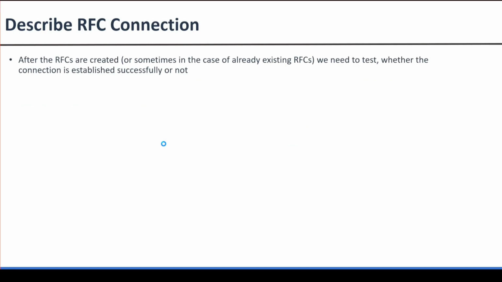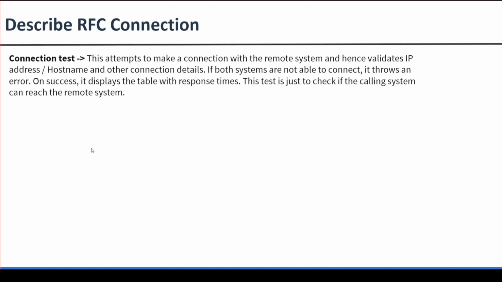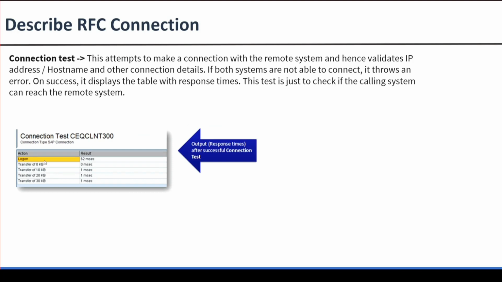Next, once the RFC is created successfully, you can check whether the connection to the receiver system is successful or not. There you can see the connection test button, or you can go to utilities. Once you click on the connection test button, you will get the connection test information, the detailed information, successfully created.